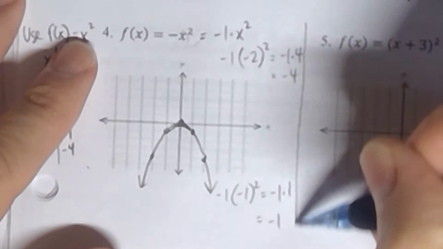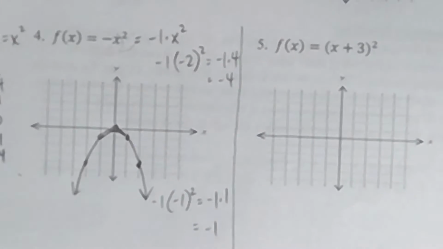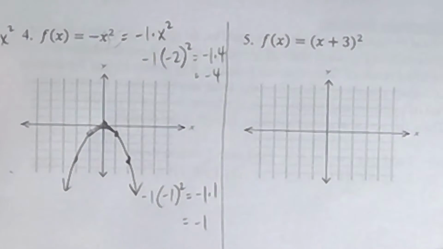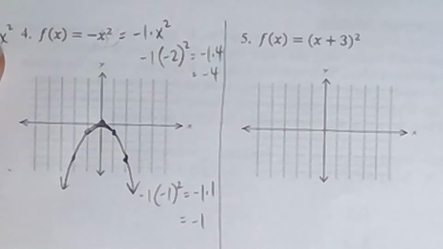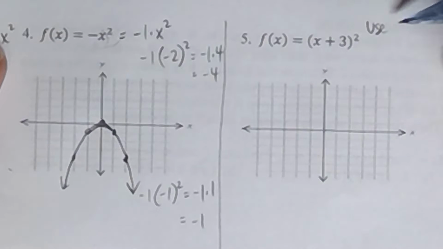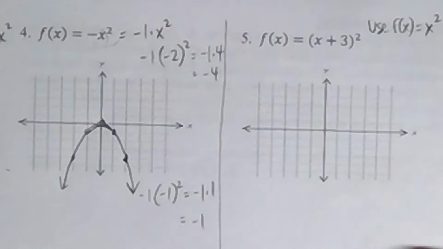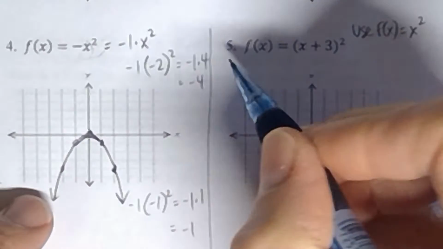Now finally, we're going to see a problem where we see what happens when it's not just x being squared, though something's still being squared here, so that hasn't changed. We're still going to do the x squared basic graph from section 2.6, and base it off of that, but here's where things get different.